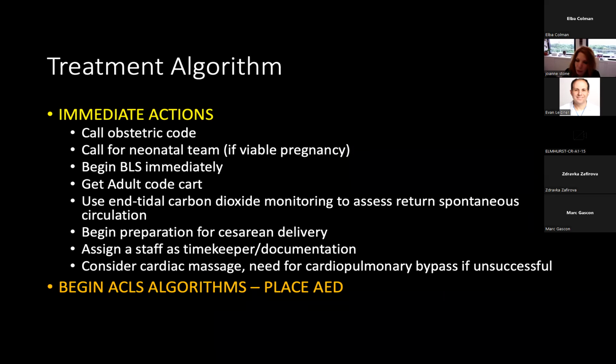If it's pre-viable, that's not necessary, but certainly in the realm of viability, it's really important, again, because of the possibility of doing a perimortem cesarean delivery. Of course, beginning BLS, getting the adult code card, and using end-tidal carbon dioxide monitoring to determine the presence of return of spontaneous circulation, which reduces interruptions in cardiopulmonary resuscitation by obviating the need for pulse checks.